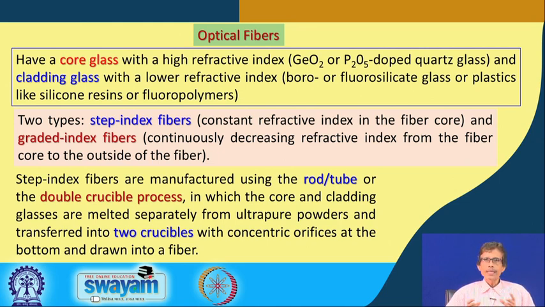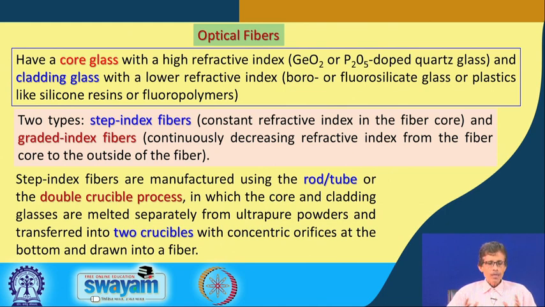But the thing is that in the molten condition, because you can put the temperature high for those crucibles, the material within the crucible will be in the molten condition, and you allow it to pass through an orifice. You can have the concentric orifice, through one of which will go the core glass material, and through the outside will pass the corresponding cladding glass material.